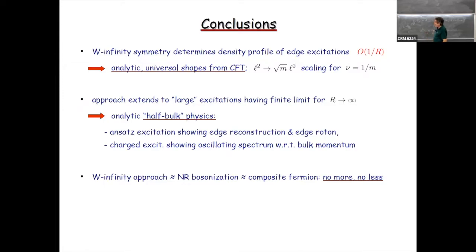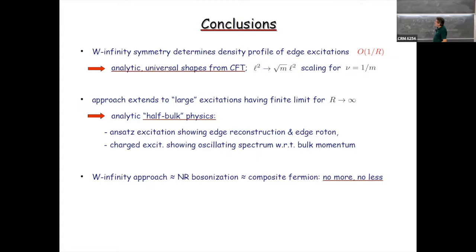My philosophical conclusion here is that the derivative field approach is just a non-relativistic bosonization, because if I stay on the edge, it is relativistic bosonization. But if I go beyond the edge with this extended range, it's non-relativistic bosonization. And so I think it should somehow be the same as the composite fermion picture in some more algebraic approach.